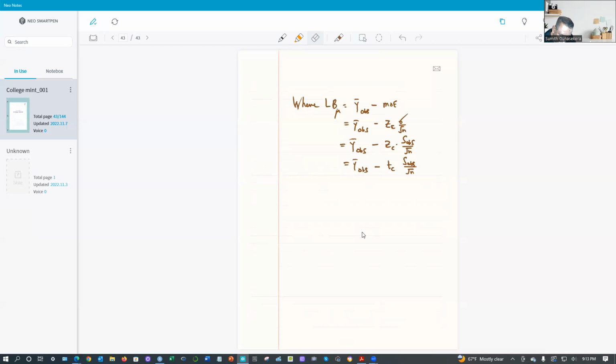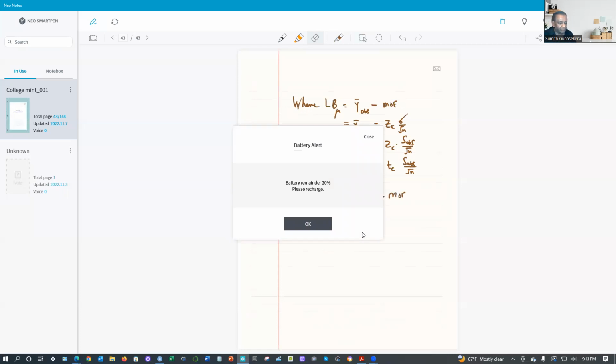In similar fashion, you can write the upper bound of mu as y bar plus margin of error.